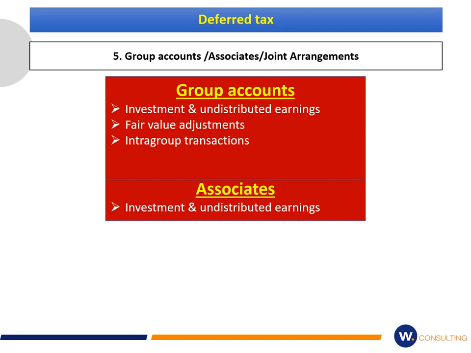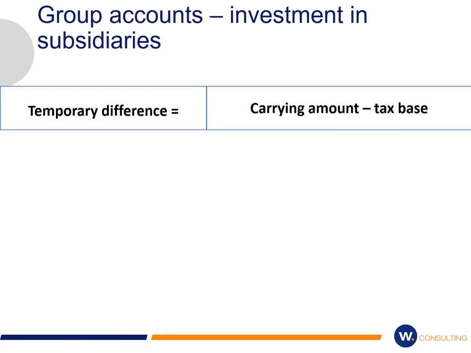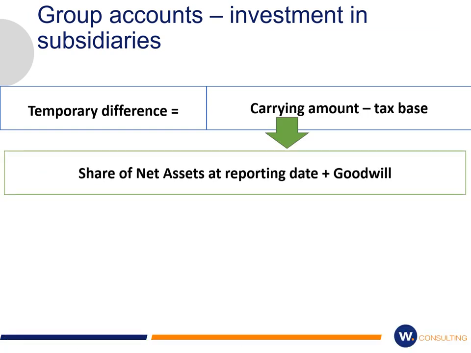If you think about how the accounting is done, let's delve a bit deeper. Fair value adjustments, group accounts, investment in subsidiaries. Temporary difference is the carrying amount less the tax base, obviously. The carrying amount of a subsidiary is the share of the net assets at reporting date plus goodwill.